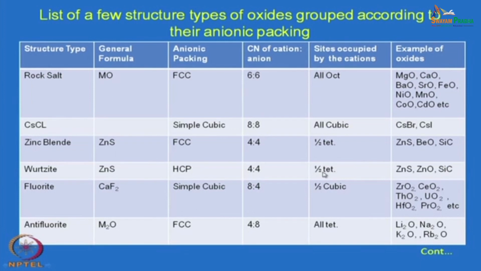So, only half is filled up, and the examples are zinc oxide and zinc sulphide. This is also zinc sulphide, one form is called wurtzite, another form is zinc blende.